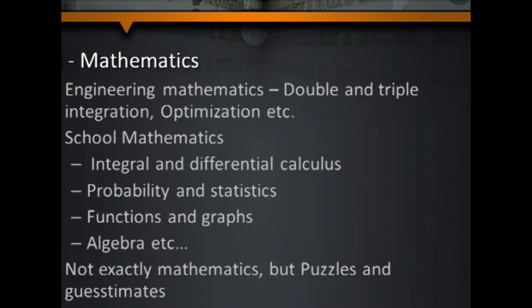Then probability and statistics is another topic they can pick and ask. Probability: dependent events and independent events. In IIM C, one of the students was asked this: you flip a coin 99 times and it was heads every time. If you flip the 100th time, what is the probability of getting tails?